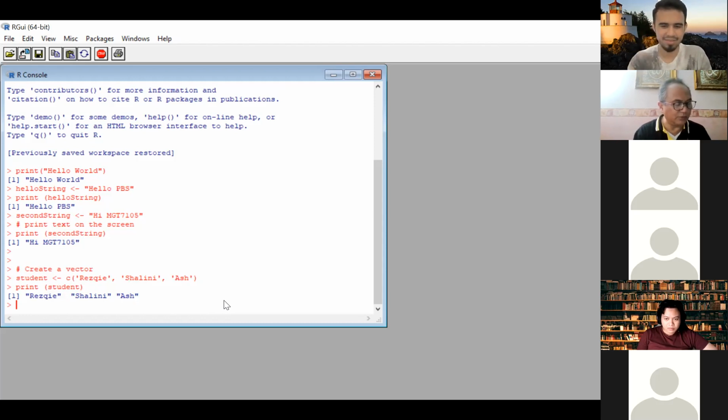And then you will need to know the class of the student. What is the class? We mentioned that there are several classes, character, integer, and so on. This is in my earlier slide. So we want to get the class of our vector.